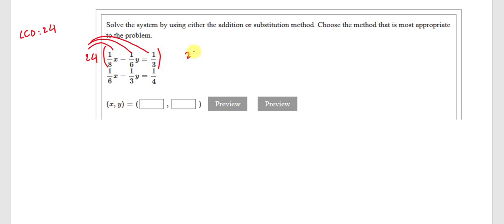So 24 go to the first term, multiply, keep the minus sign. 24 go to the second term, multiply with 16y. And then 24 go to the last term on the right side. And we can see that 24 divided by 8, that is 3x. 24 divided by 6, that is 4y. 24 divided by 3, that is 8. It's very simple now, right?